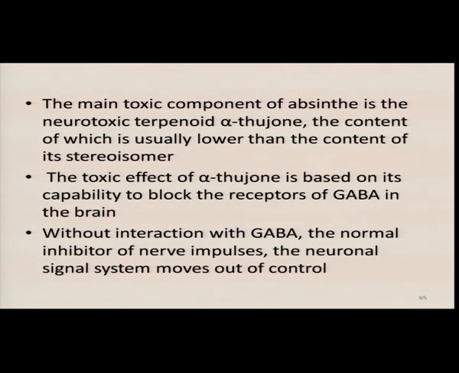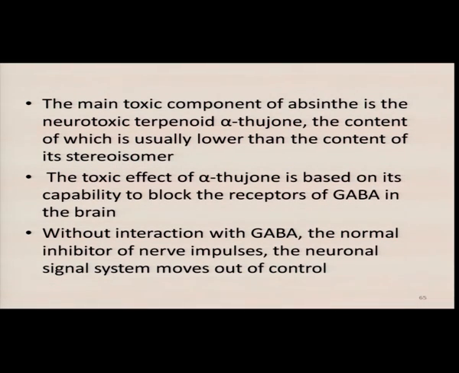GABA is the normal inhibitor of nerve impulses, controlling whether nerves should be stimulated or these responses should be stopped. When GABA is blocked by thujone, regulation becomes less, so that the neuronal system goes totally out of control.